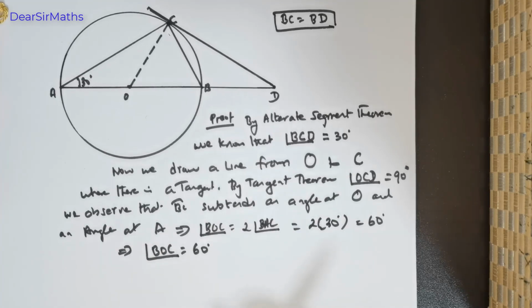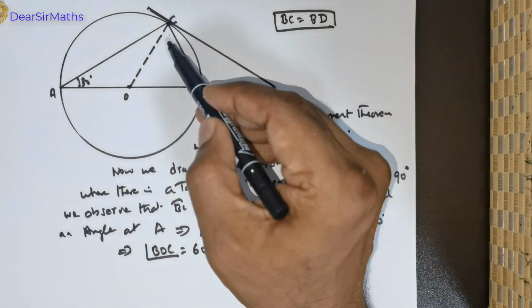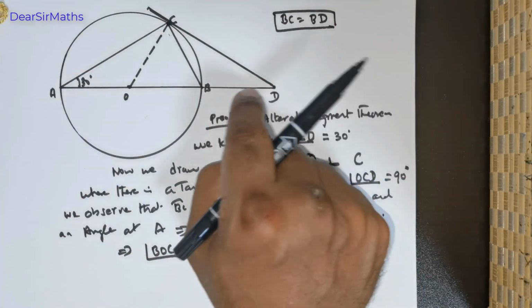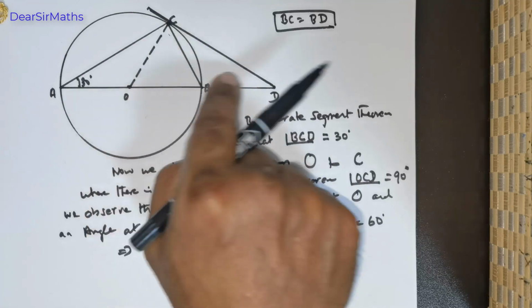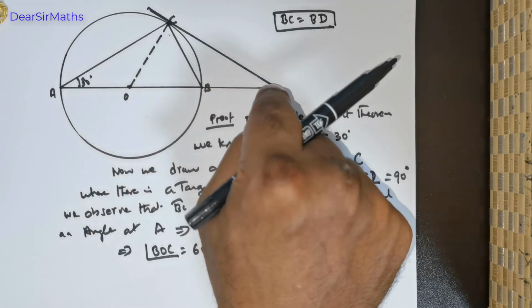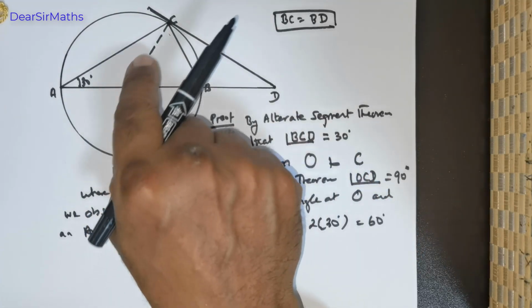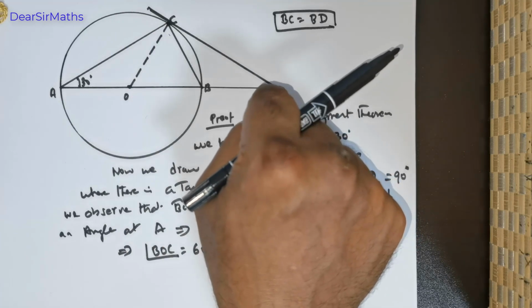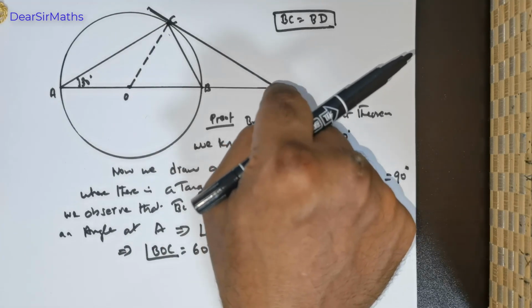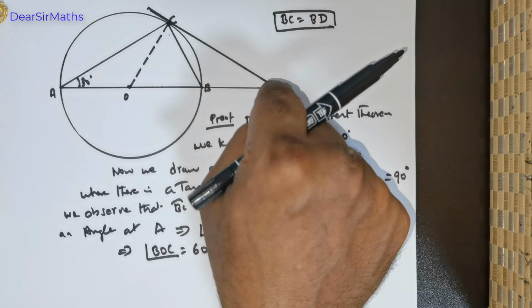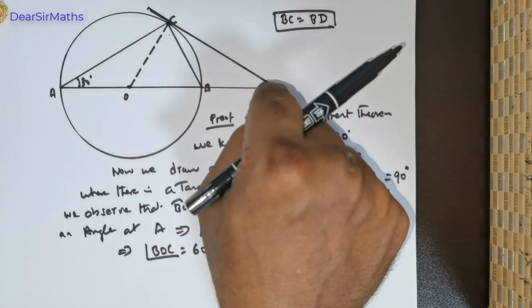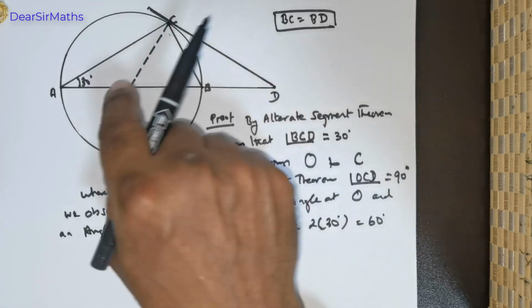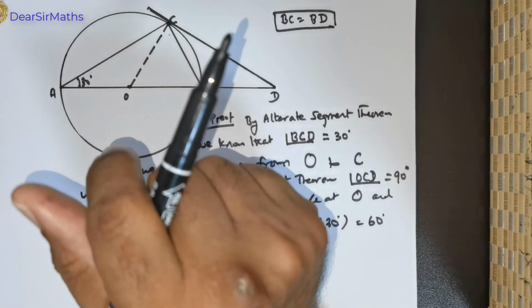Now consider triangle DOC, you can name it whichever way you want, right? Either you can name it as DCO or DOC, up to you.